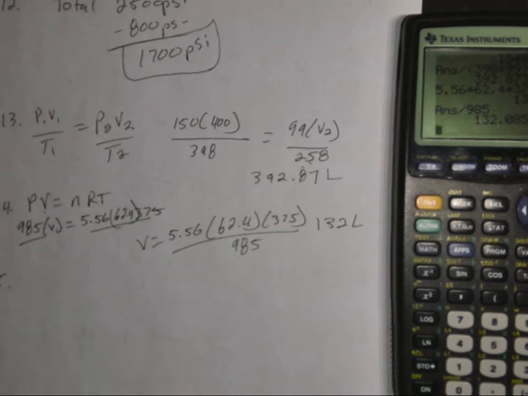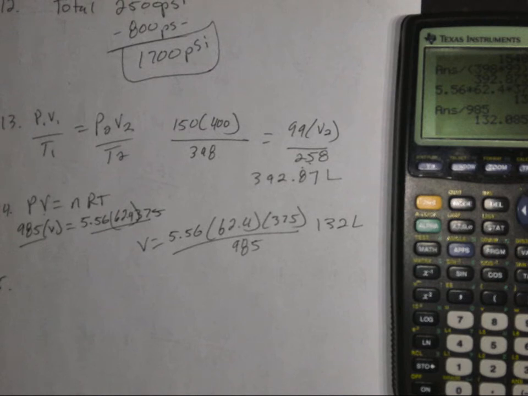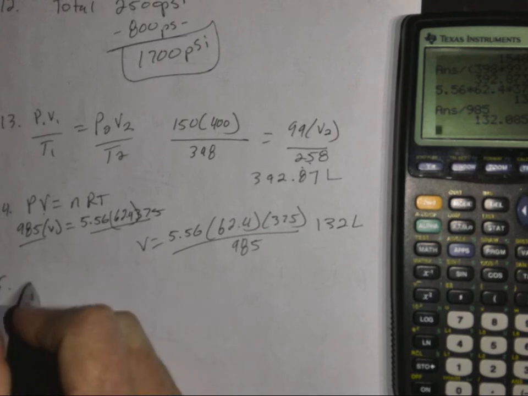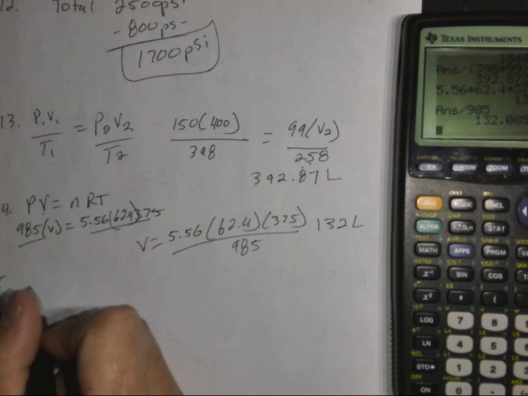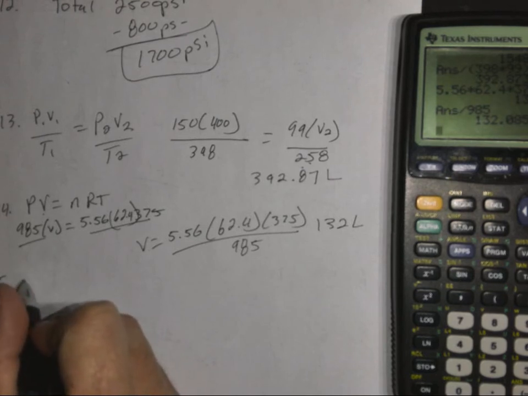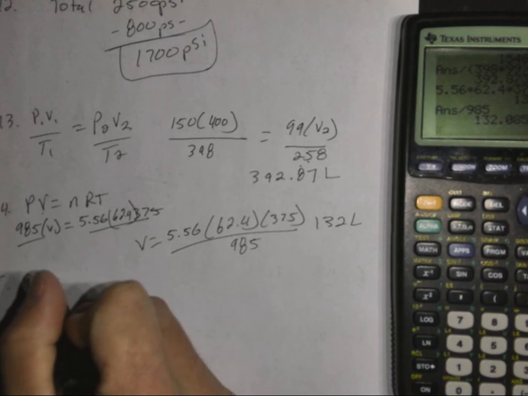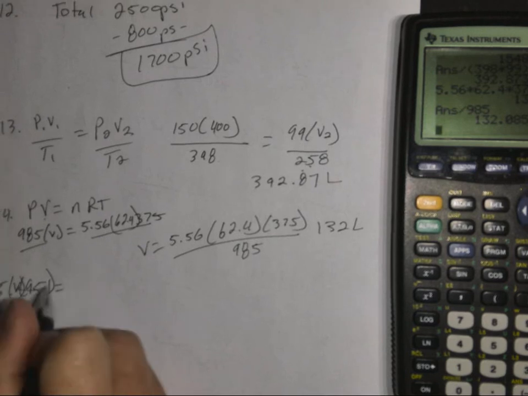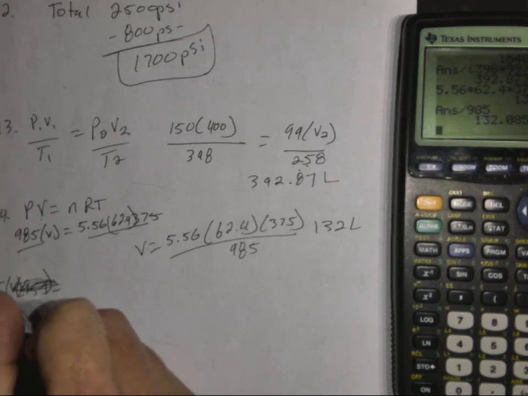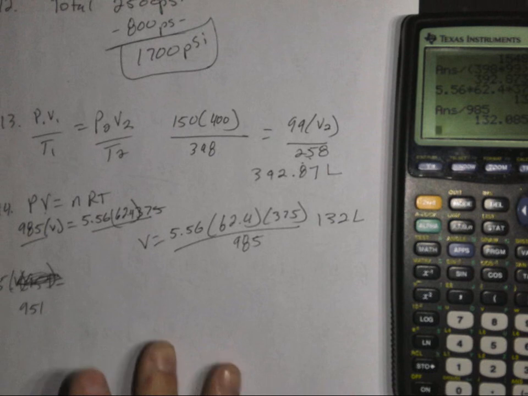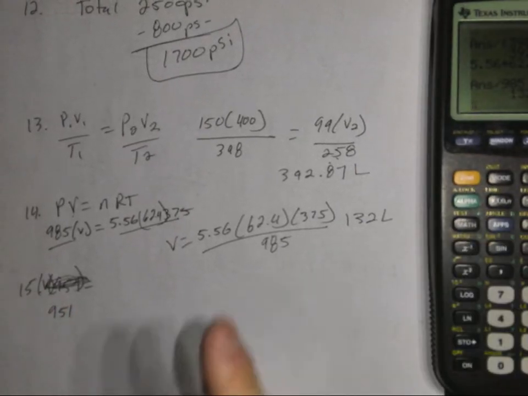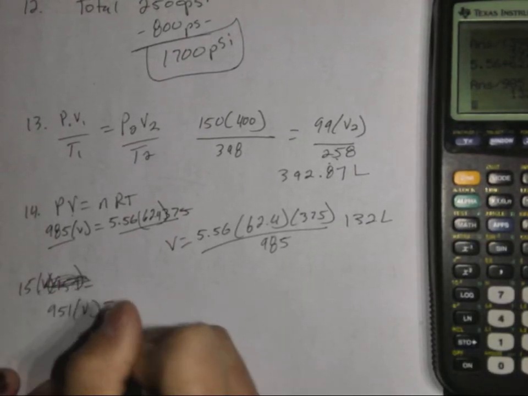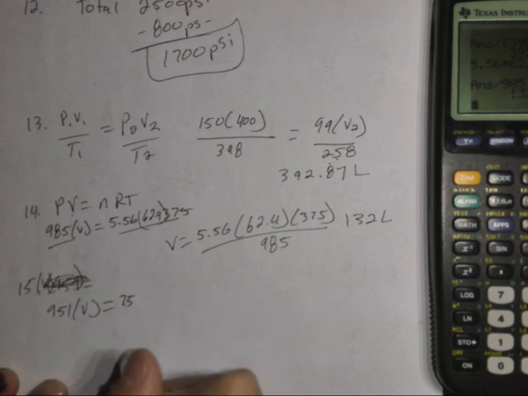15. 75 moles of gas at 38 C and 951 millimeters of mercury has what volume? So you do the same thing. So 75 moles, we have pressure of 951, we're solving for V. So pressure is 951. 951 times V equals, our number of moles is 75, which is a lot of moles.